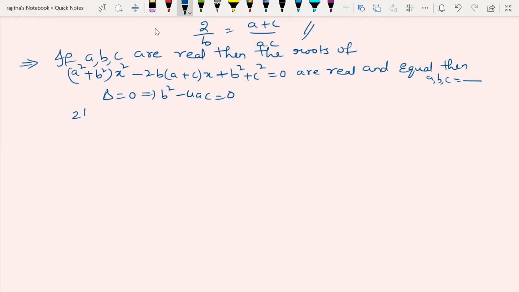So 2b into a plus c whole square minus 4 into a square plus b square into b square plus c square is equal to 0.